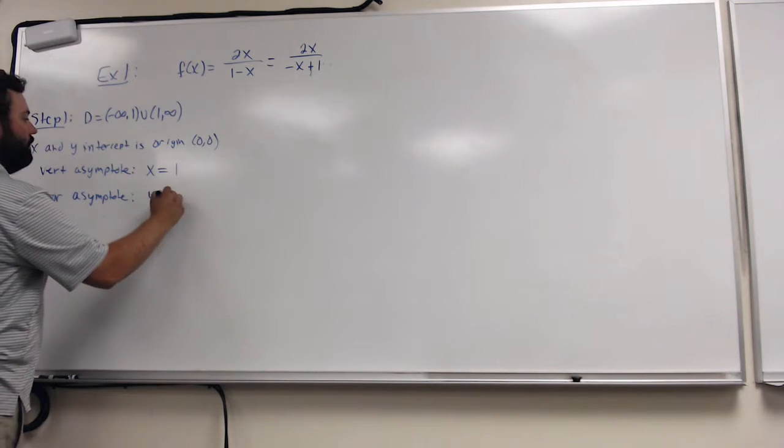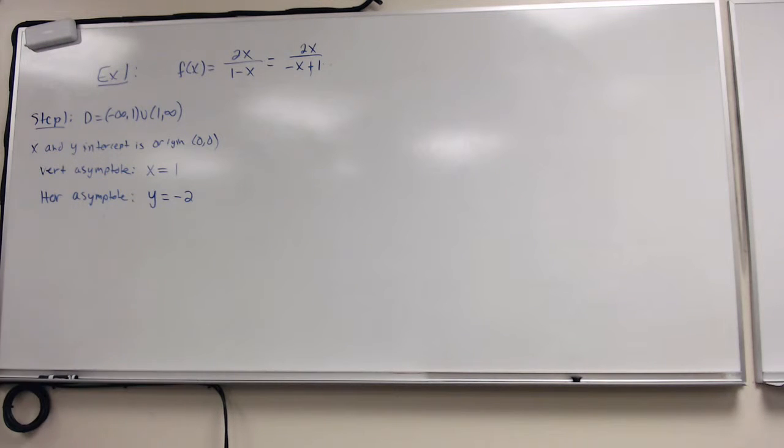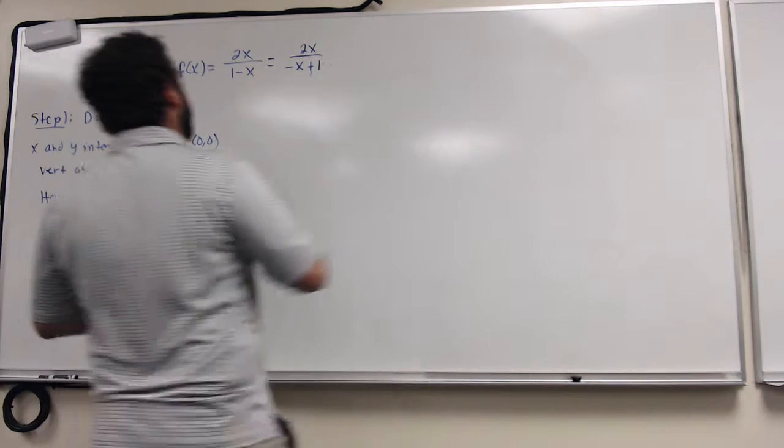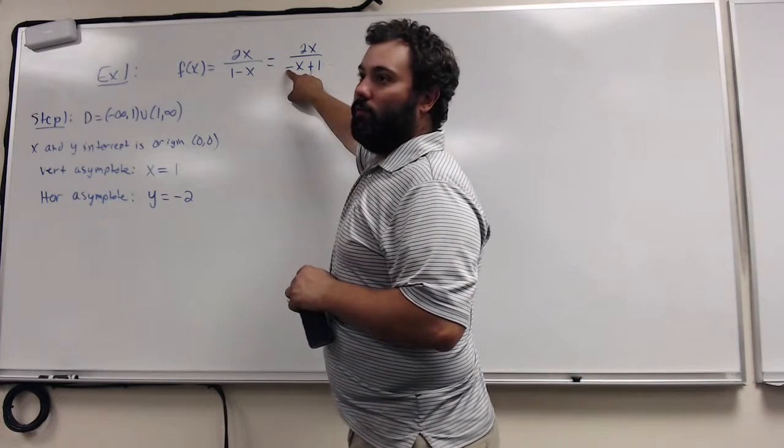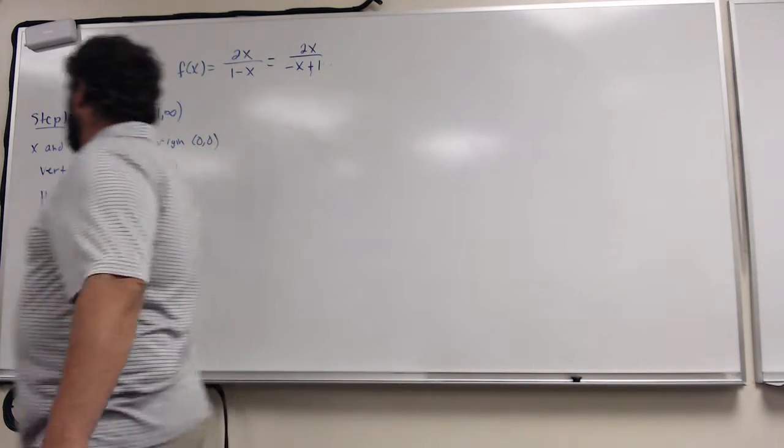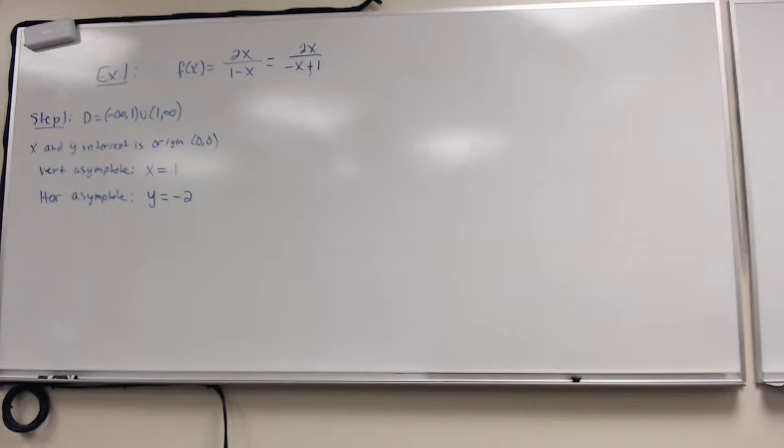It'll be y equals -2. That's because the highest power of x on the numerator and denominator is the same, and the ratio of the leading coefficients is 2 divided by -1. Okay, so we've got a vertical asymptote at x equals 1 and a horizontal asymptote at y equals -2.